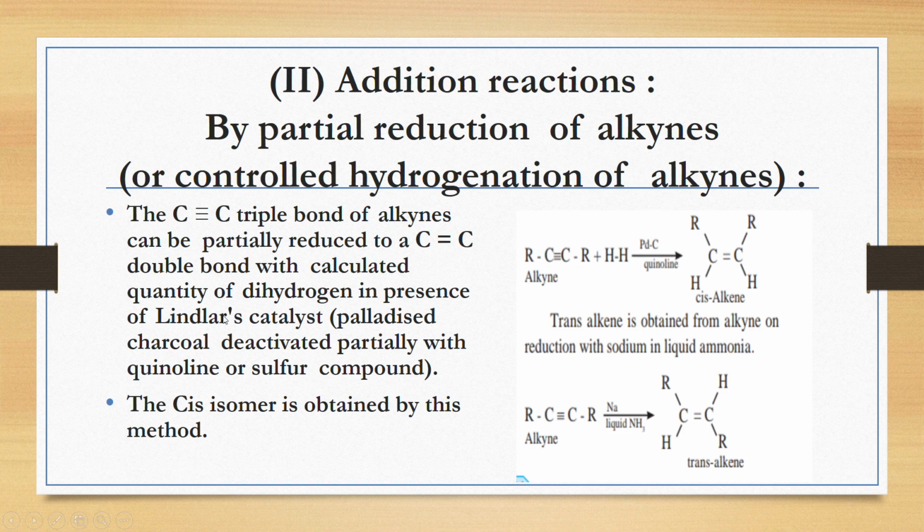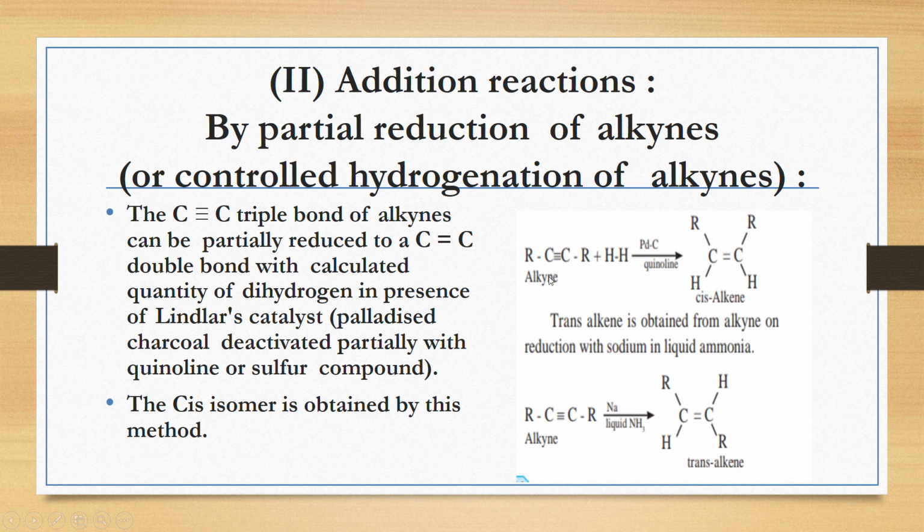Lindlar's catalyst is palladized charcoal deactivated partially with quinoline or a sulfur compound. So we'll carry out the reaction in a controlled manner so that the triple bond will get converted into a double bond, but the double bond further will not get converted into a single bond. So we want to stop the hydrogenation at the double bond, and that is why we are using Lindlar's catalyst over here.